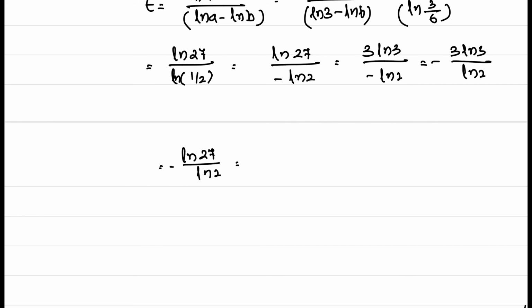And if it can be expressed as a rational number, you express it as a rational number. And if it can be expressed as an irrational number, you keep it as an irrational number. And if it can be expressed as an integer, you express it as an integer.